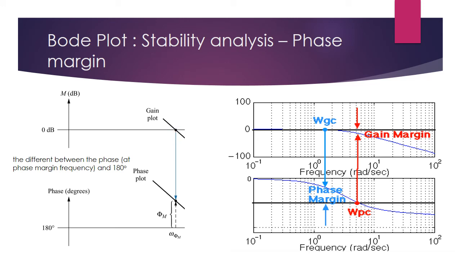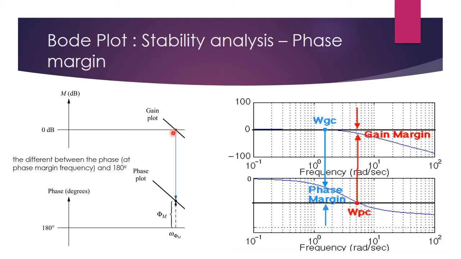So 0 dB means, if you look at the calculation of the gain, 20 log M equals this plot. Which value of log will be equal to 0? Basically, it's log base 10 of 1. So a gain of 1 is this point. What does a gain of 1 mean?